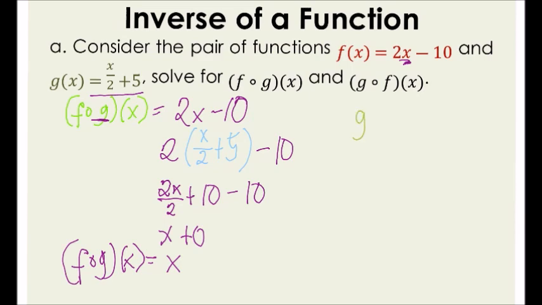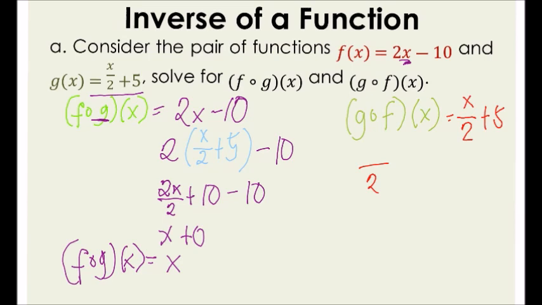So we're going to have g of f of x. This time, we're going to get the function g. Function g is x over 2 plus 5. The x value in our function g, we're going to replace it with the value of function f.